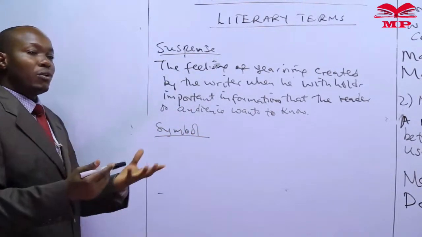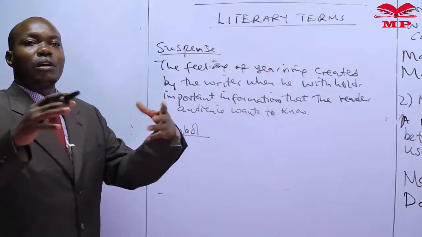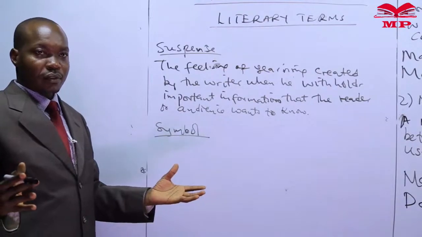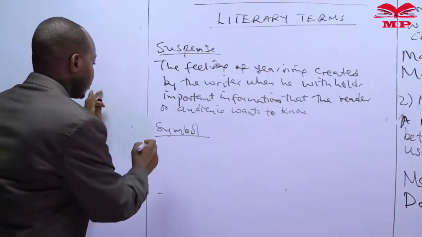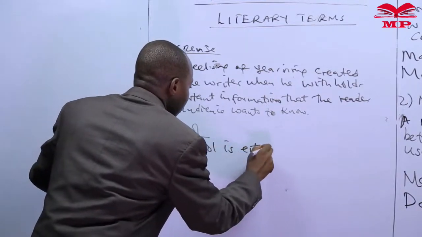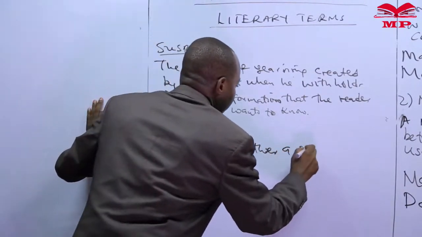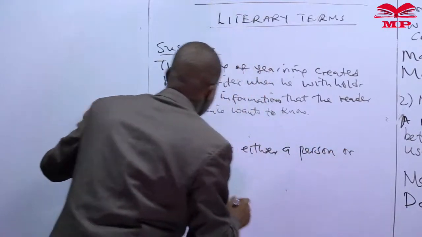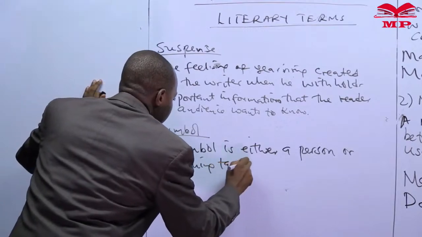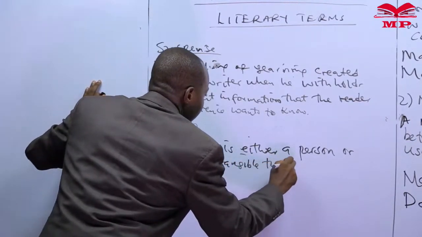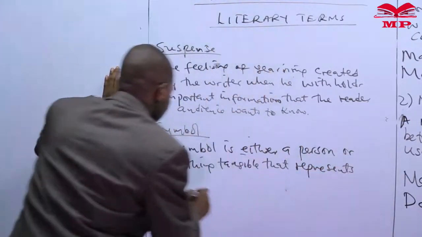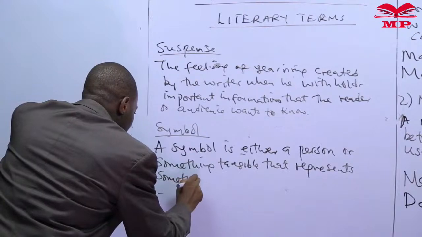So a symbol can either be somebody or something tangible that represents something else. That is a symbol. A symbol is either a person or something tangible that represents something else, something big.